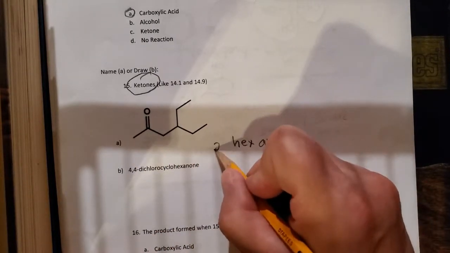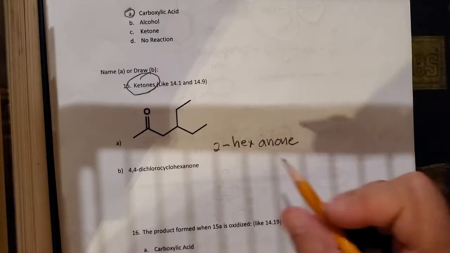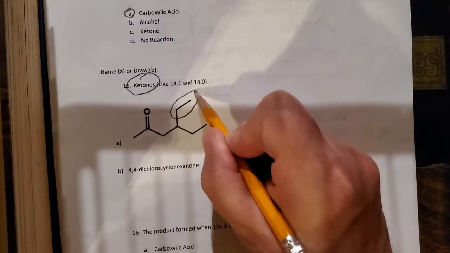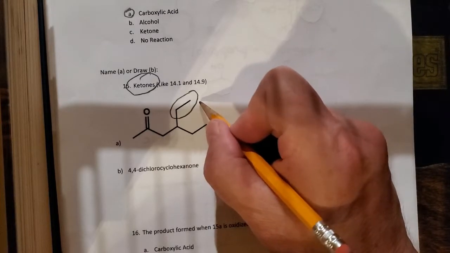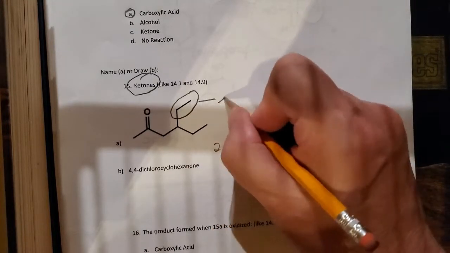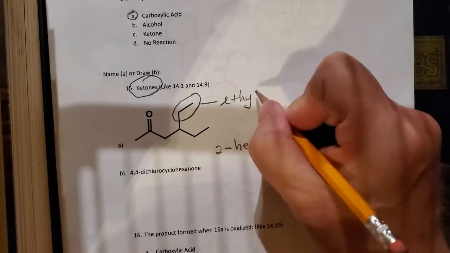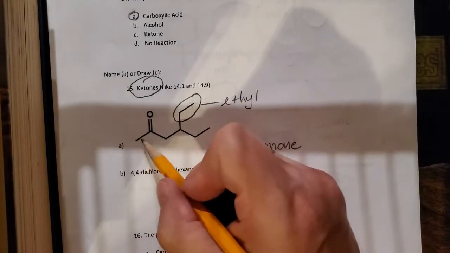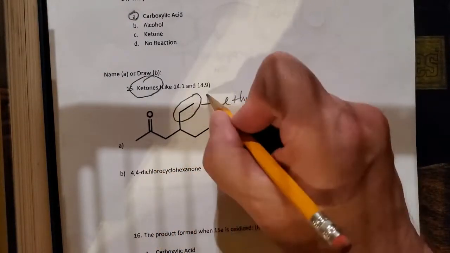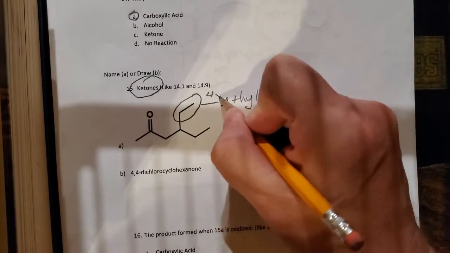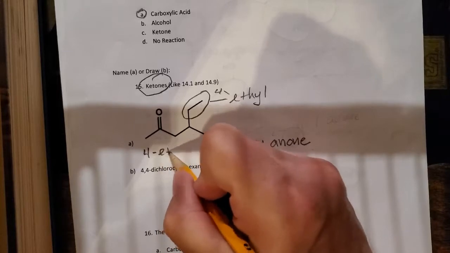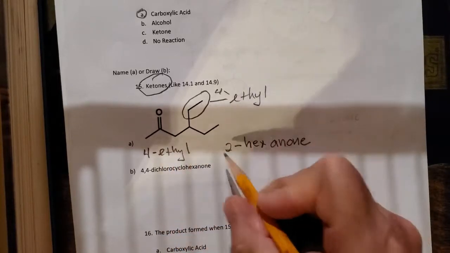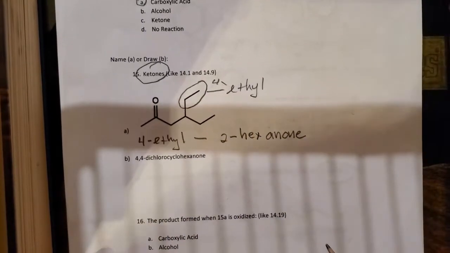So this is a 2-hexanone. We have to name this substituent group. Don't be confused. It's not a propane. This is an ethane or ethyl group. And it's on carbon, again, 1, 2, 3, 4. So this is 4-ethyl 2-hexanone.